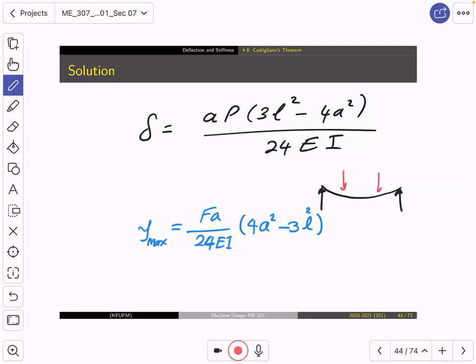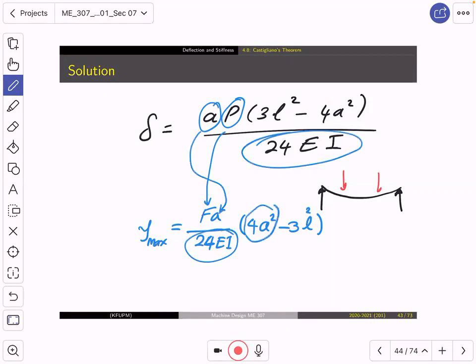So, what is the story over here? Very simple. P is the F, A is the same A. The only difference is we have 4A square here, and here we have 3L square.